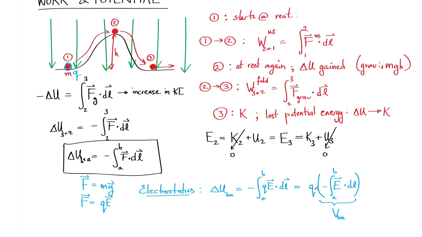I can substitute whatever charge: let's say I start off with the charge of 1 electron, then I change that to maybe 1,000 electron charges. I don't have to recalculate this, right? As long as I know the voltage, all I need to do is plug in the value of the charge, and that's the change in the total electric potential energy. Okay?